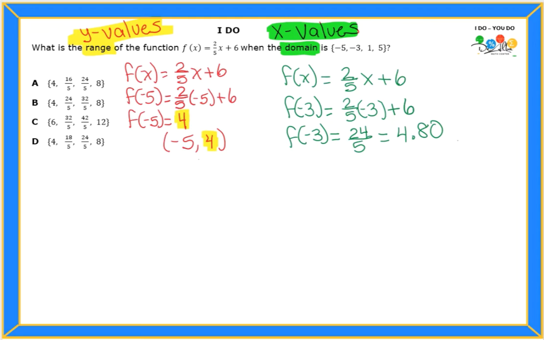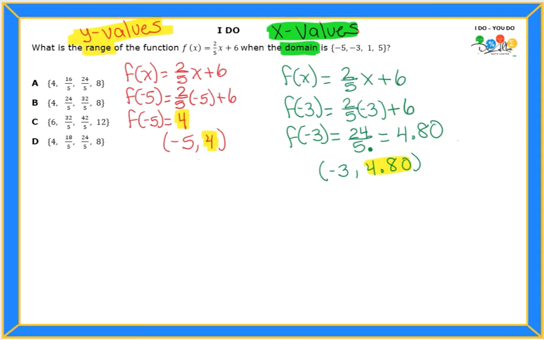If you want the decimal and you're using an Inspire calculator, you need to write a decimal in the fraction so that it gives you the decimal. So my ordered pair for this is, when x is -3, the y value is 4.80. And we're going to highlight this also because that's the value I'm looking for, okay?